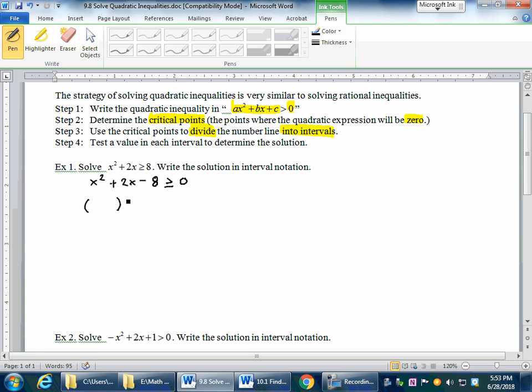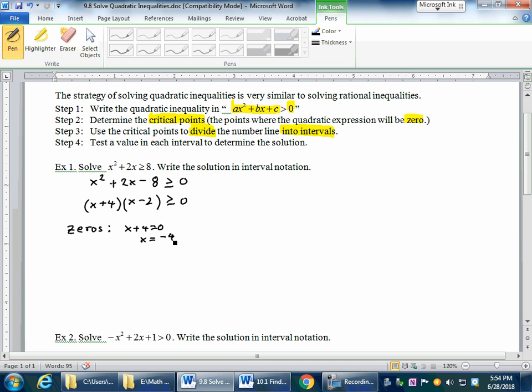Factor this out so that we can find our critical points easily, which is x plus 4, x minus 2. So from here, I can see what my zeros are going to be. When x plus 4 is equal to 0, that tells me x is equal to negative 4. That's one of the zeros.